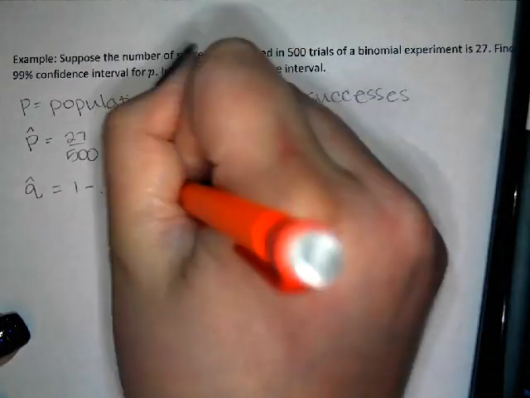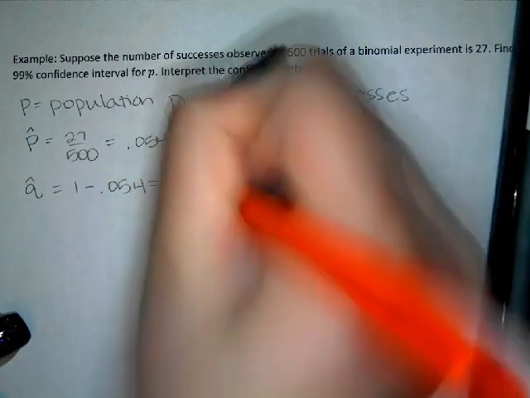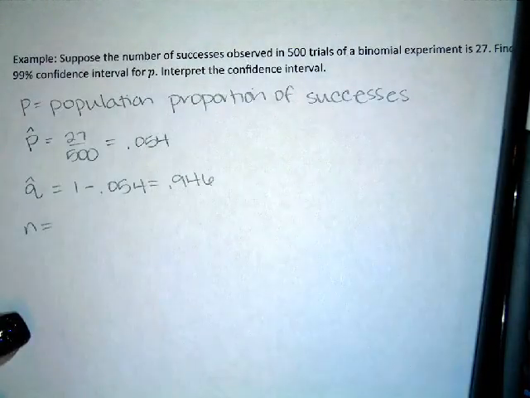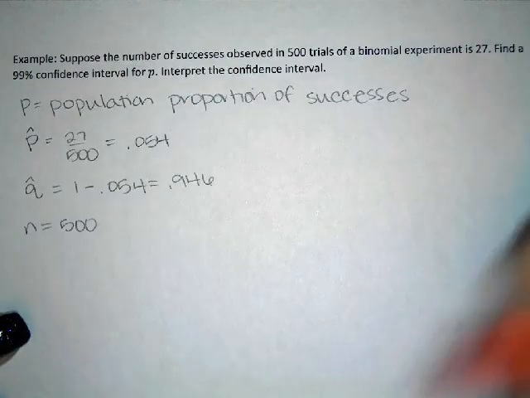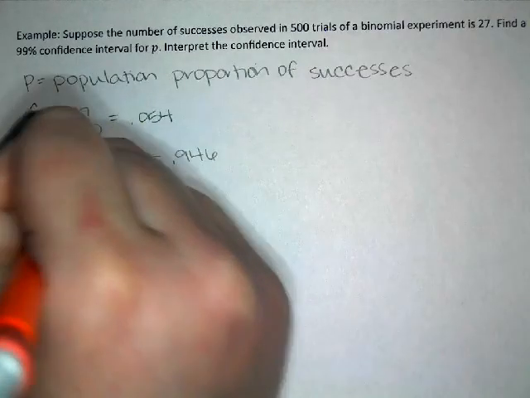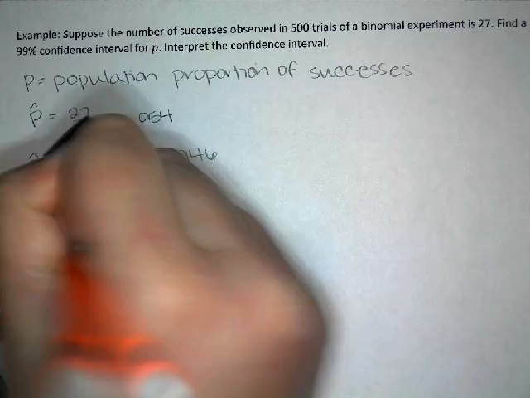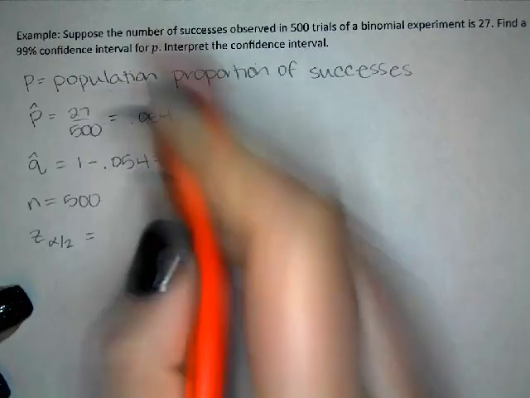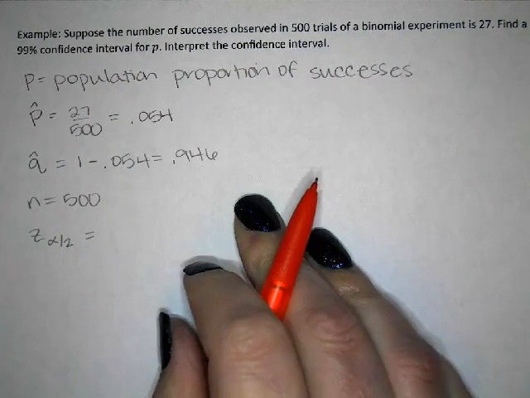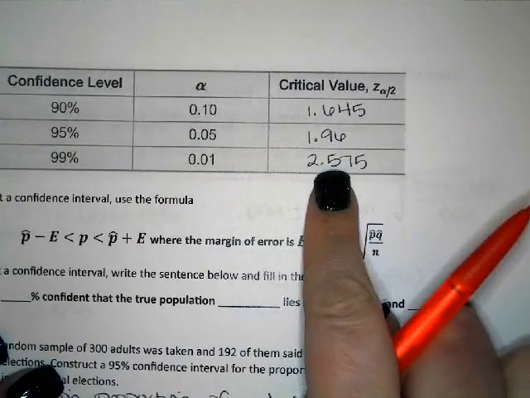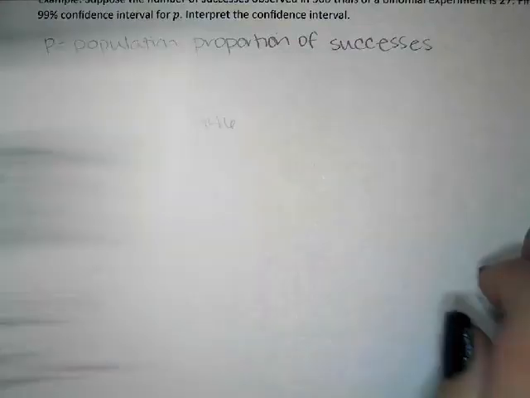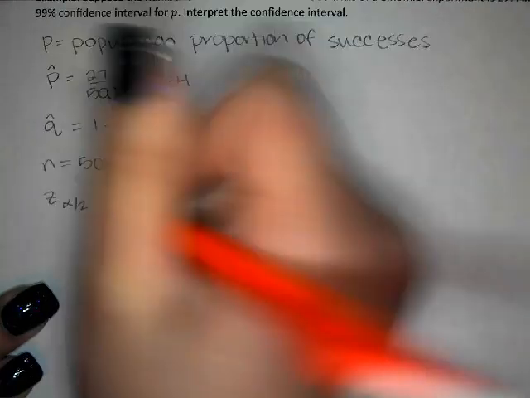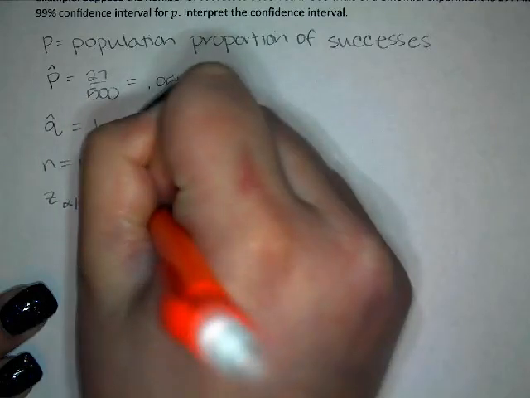N is the number of trials, or how big the sample was, so 500. And then our critical value has to do with our confidence interval, which was 99%. And so the value that we're going to use for our critical value for 99% is 2.575. Okay?